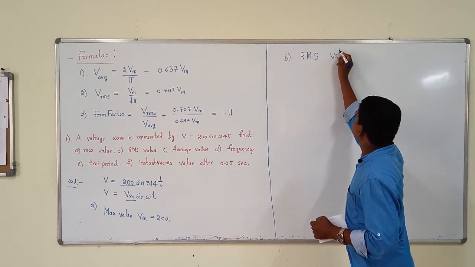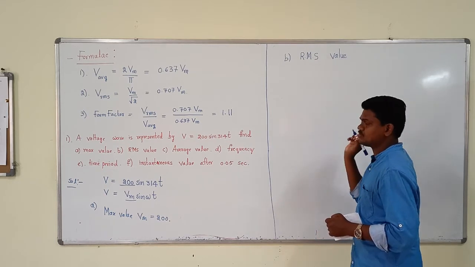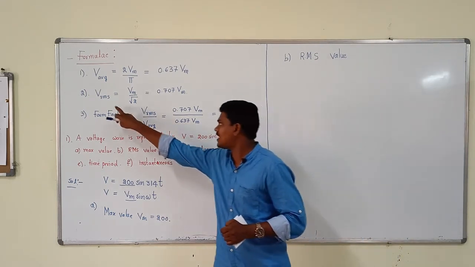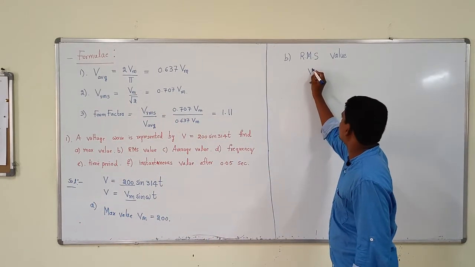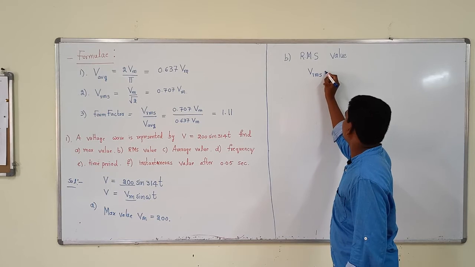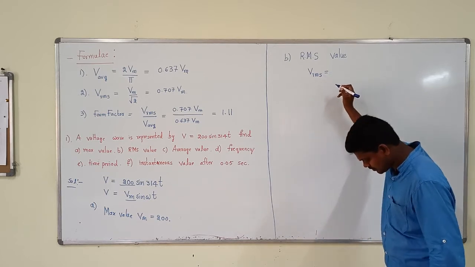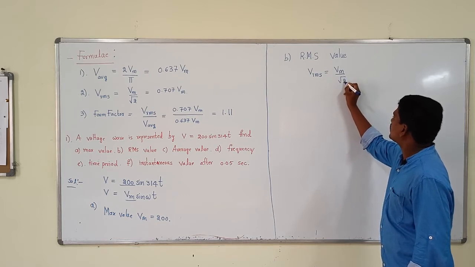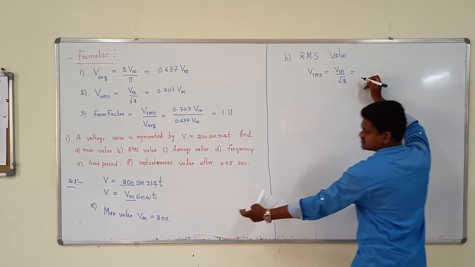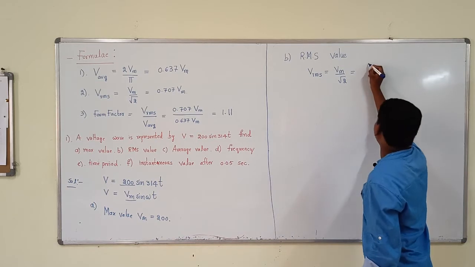Second, B is the RMS value. What is the relation between the RMS value and the maximum value? Directly we have a formula: Vrms equals Vm by root 2. Write down that formula. What is the Vm value? From that equation, Vm is 200.